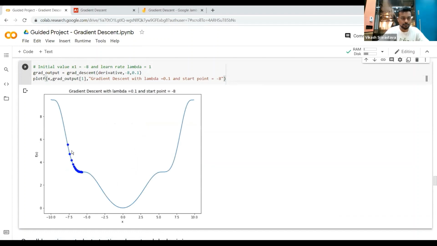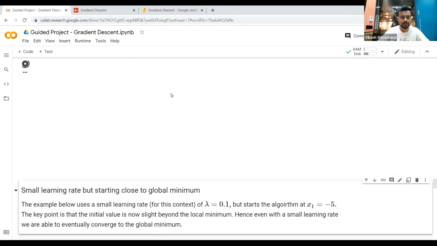Here I started at -8, and see, I got stuck at this particular point. The algorithm converged here, but as you can see, we got stuck in a local minimum. We're not able to descend here. But if I started at -5, what would happen in that case?